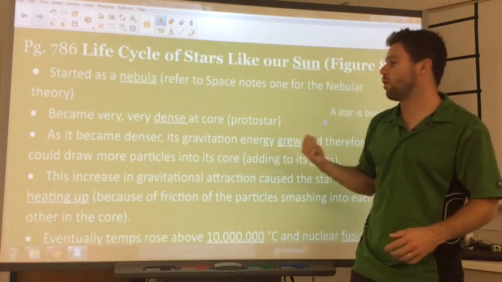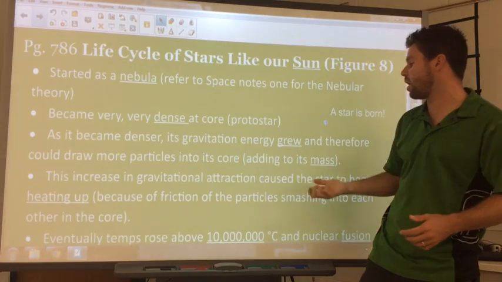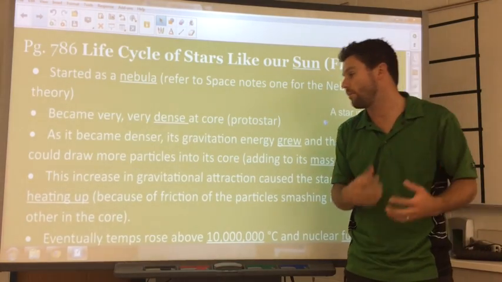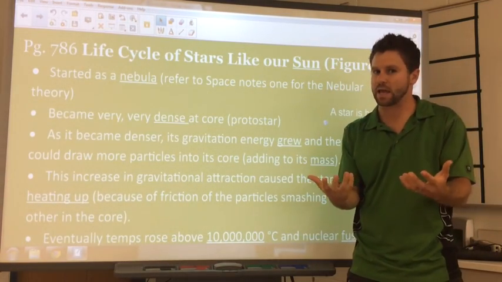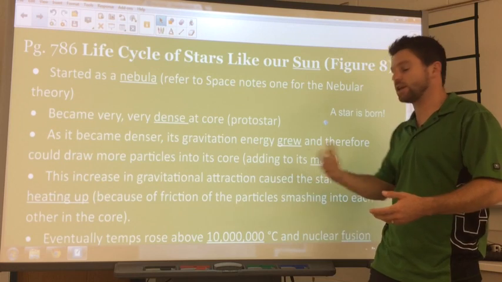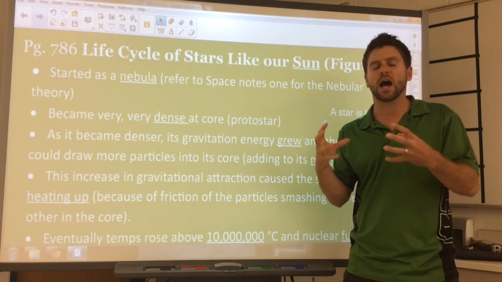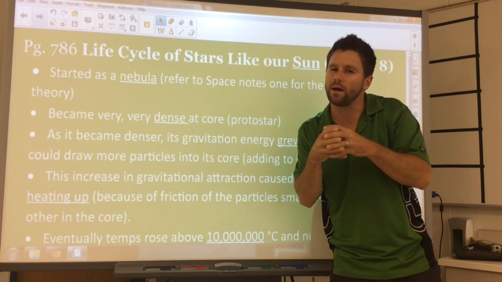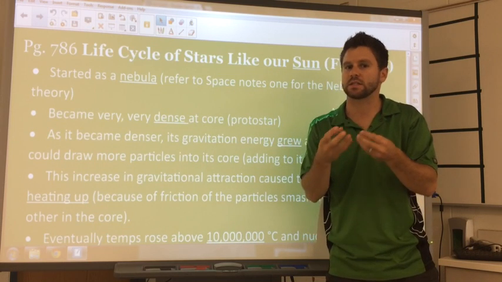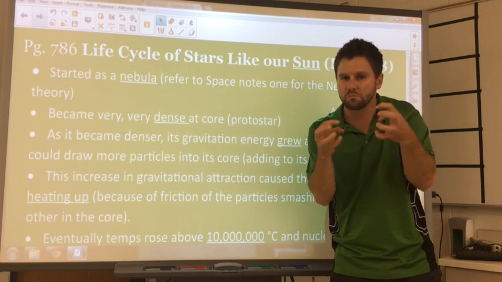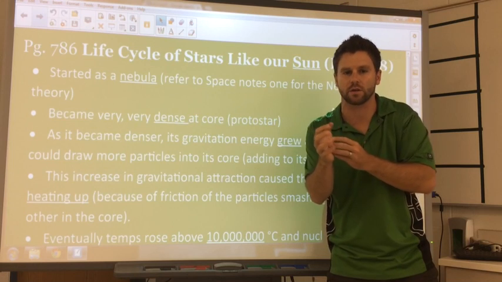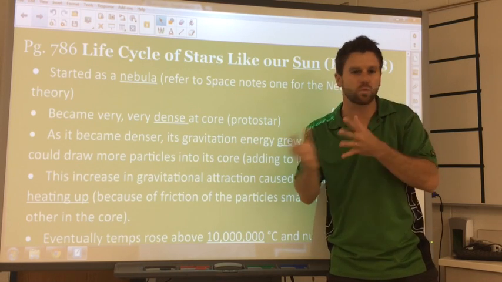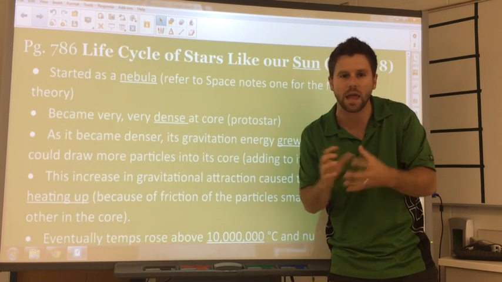As that becomes more dense, the gravitational energy grows and therefore can draw more particles into it, adding to its mass. Each time it adds to its mass, the core gets much more dense. What also happens is that the particles bang into each other and rub into each other. Well, what happens when objects rub into each other?